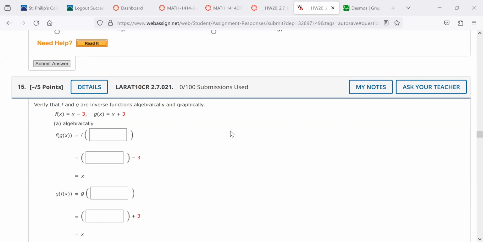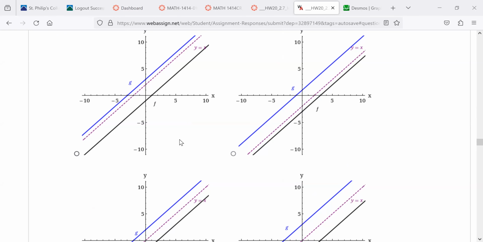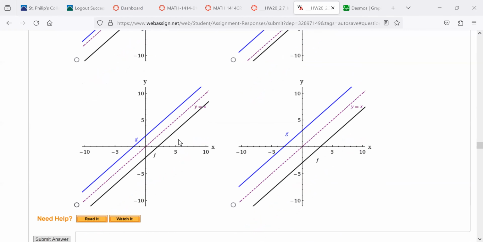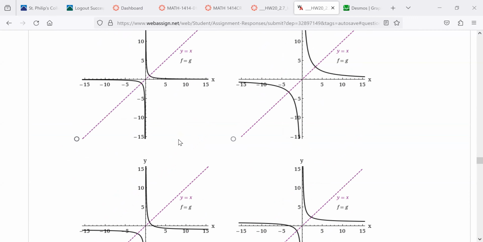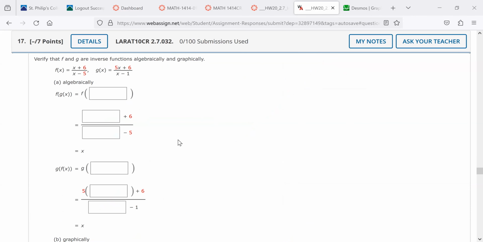So that's all you got to do. Do reflection. These are just easier than the first one. Just verify that they are indeed equal to x. They are inverses. They just want you to go through the work that we just did earlier. And then they ask you to graph them. That is the main idea. Make sense?